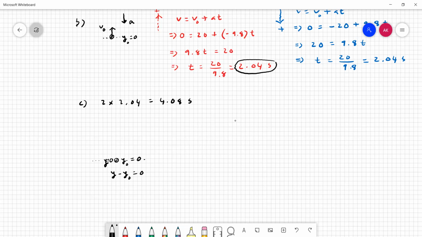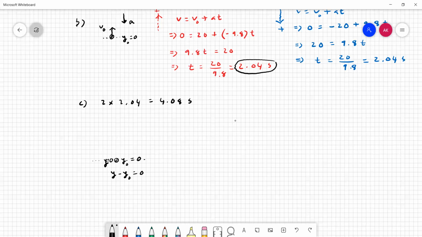But we don't care about that distance when we use the kinematics equation, because in the kinematics equation, x naught or y naught are not distances, those are positions. Do you follow me? That's a very critical part.